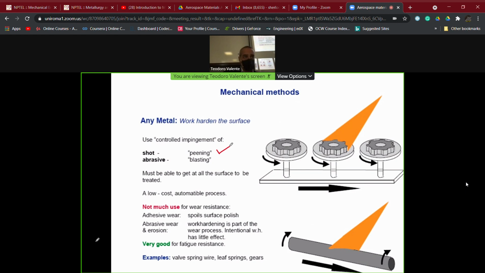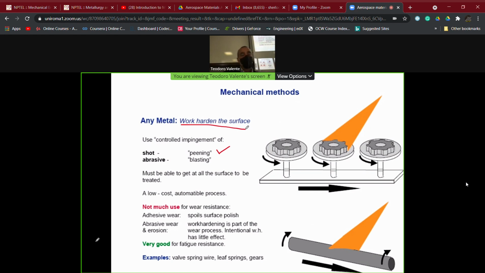No coatings are involved, because by using this technique, we can work harden the surface, and we can put our surface in a final state where residual compressive stresses are on the surface itself. And this is very useful, for example, to improve or increase the fatigue resistance of the metallic base alloys.